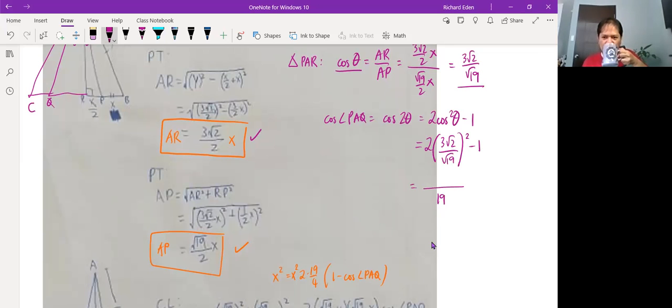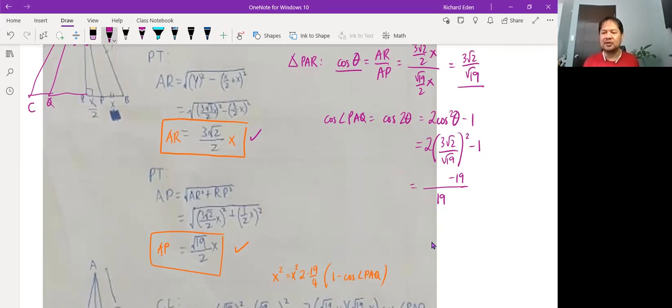Wow. But I wonder if I made a mistake with this 9 times 2. It should of course still be 17 over 19. Right, okay, sorry, I forgot, it's minus 19 because it's minus 1.